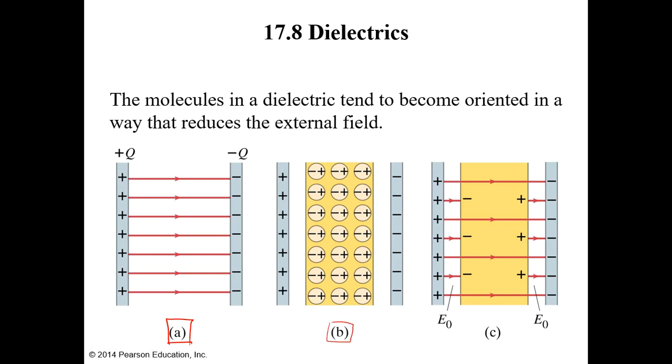Remember, it's an insulator, so charges will not actually move to other sides, but they will start to be polarized. Positive charges will be pushed towards the negative plate, negative charges towards the positive plate. And as a result, you tend to have more of a negative charge over here, which is going to attract more positive charges, allowing the positive charges to build up a little bit more.